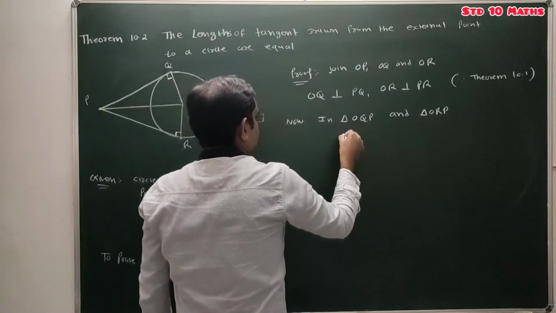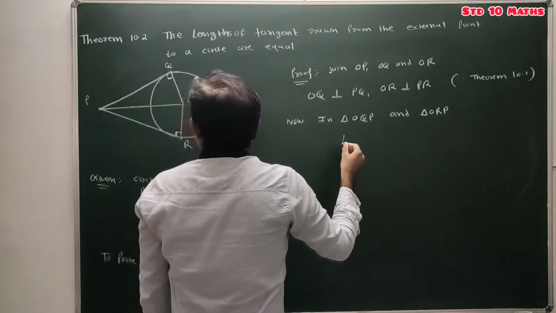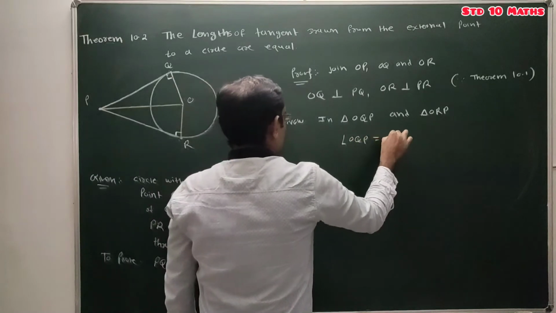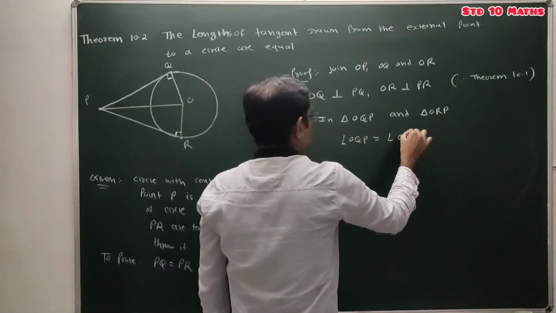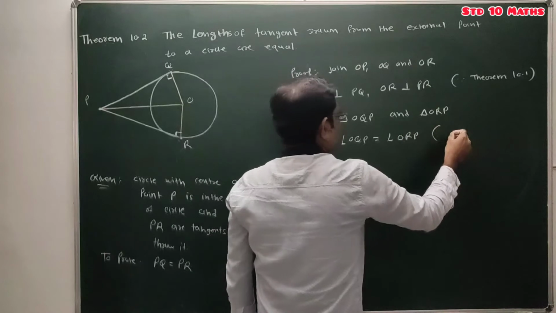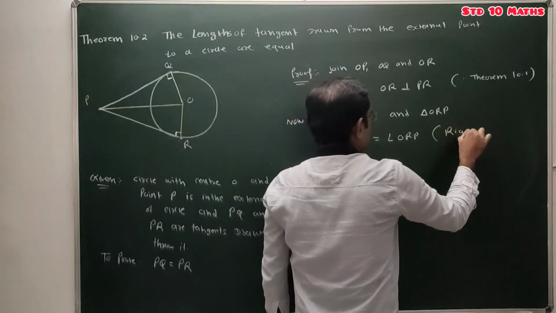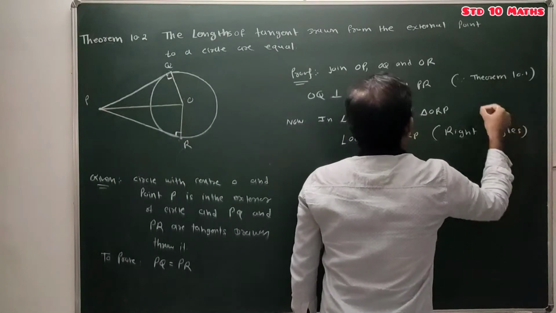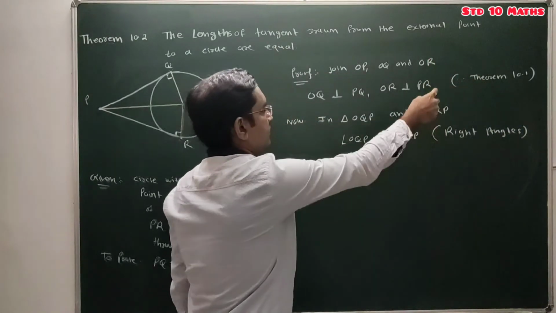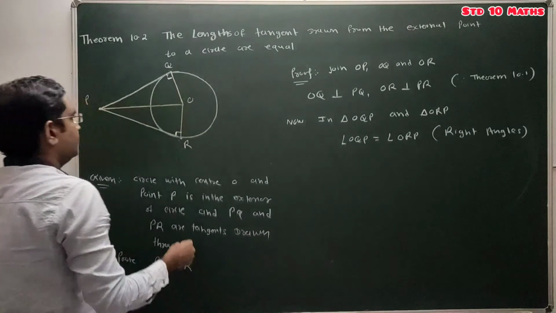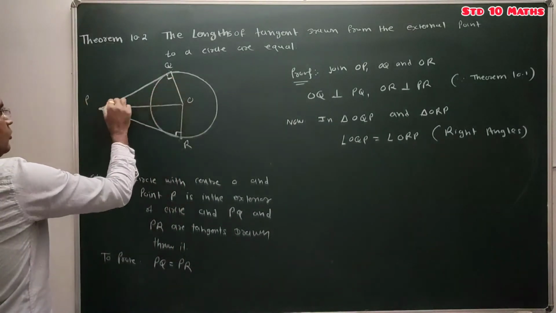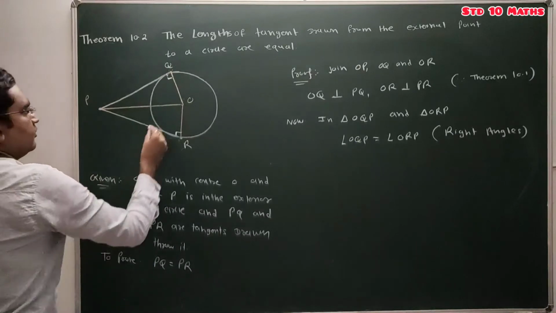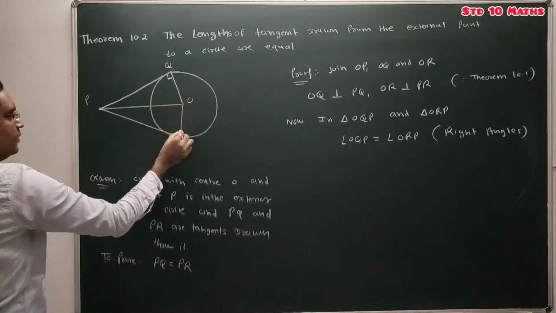So angle OQP is equal to angle ORP, right angles, according to theorem number 10.1. And here OP is the hypotenuse for the right angle triangle OQP, as well as OP is the hypotenuse for the right angle triangle ORP.